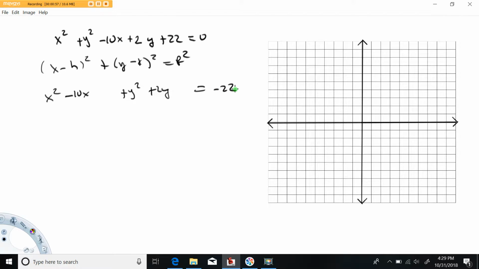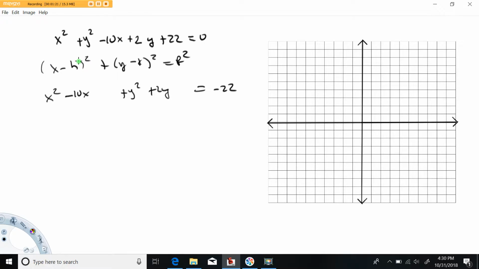You'll notice that I left a little space here, and I'll explain that in a minute. The reason the 22 was put on the right is because this r squared is typically some number. So I grouped things with x's here, things with y's here, and things that don't have either over on the right.